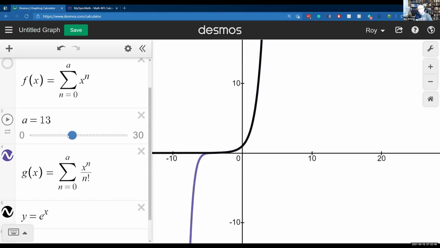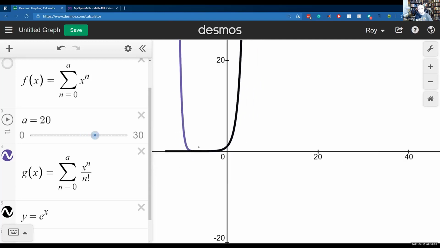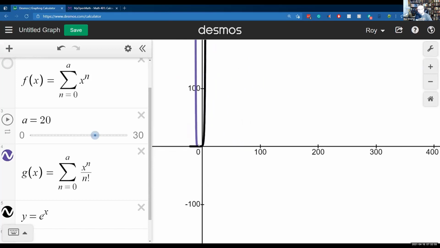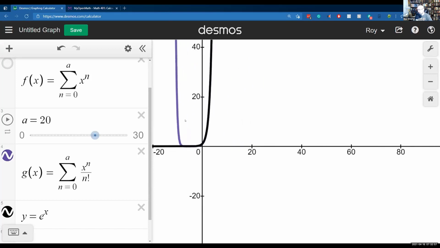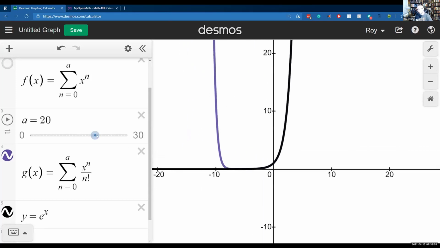As we increase the upper limit, which is a, we see that it extends further out to the left. It's actually extending further out to the right as well. It just rises so quickly you can't tell. But the more terms I add to the series, the wider my interval gets as far as how long it links up to e to the x.